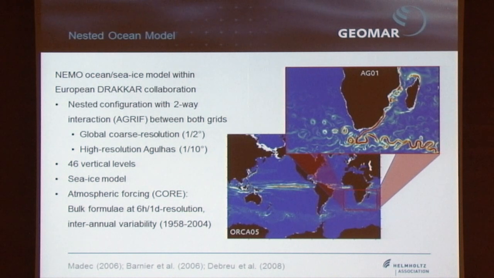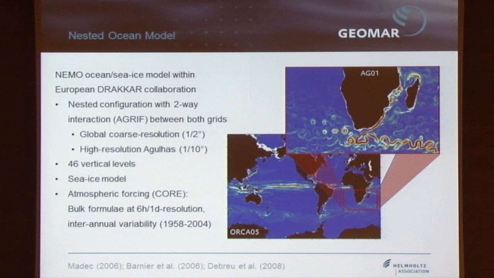This has two advantages. First of all, it allows us to run lots of experiments that we couldn't do with a fully globally high-resolution model. But there's a second advantage, because it allows us to compare a standalone model with a standalone model including the nest.